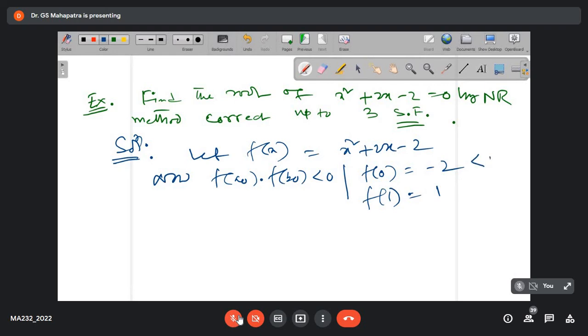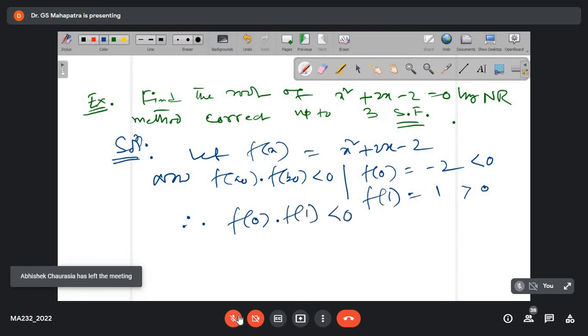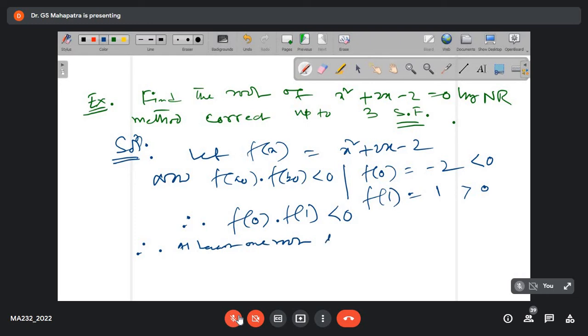It is less than 0 at 0 and greater than 0 at 1. Therefore f of 0 into f of 1 is less than 0, so at least one root lies between 0 and 1.